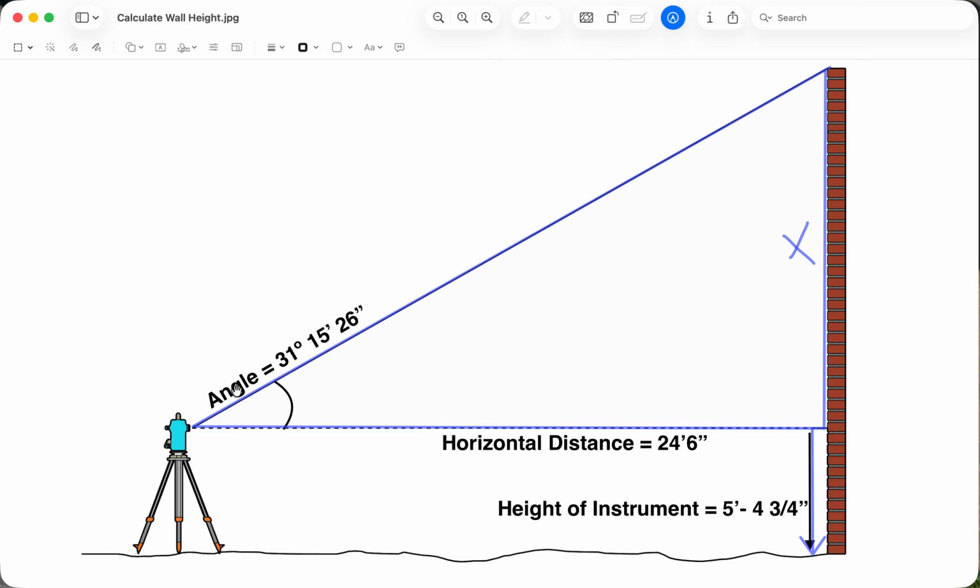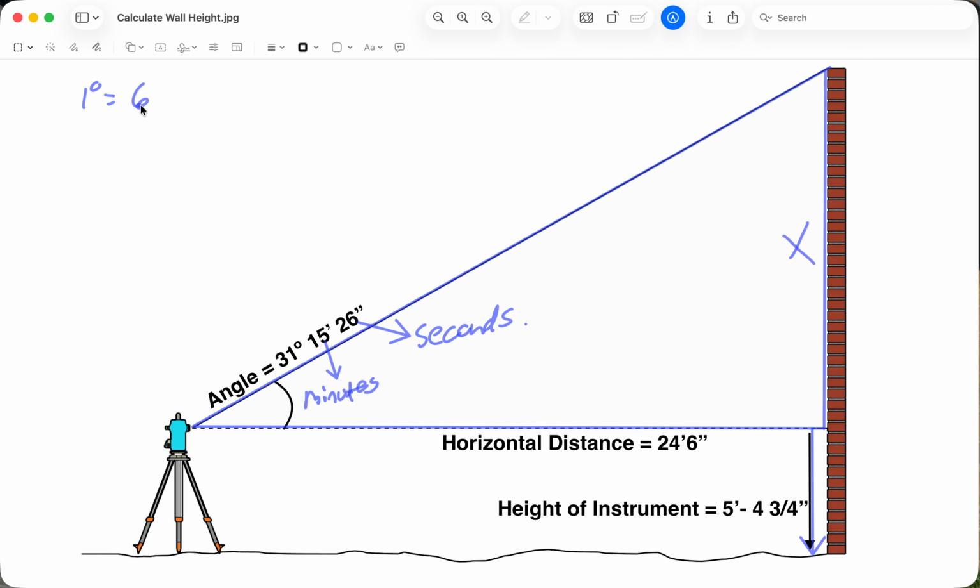Now, just before we get started, a reminder that when we are using precise survey instruments like a theodolite, what we'll use is degrees, minutes, and seconds.